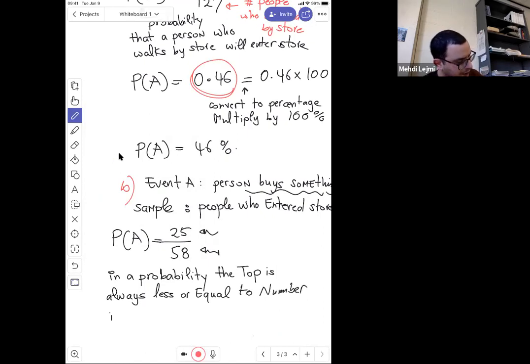The reason is, of course, that the size of the sample is always larger than the frequency of the event. So 25 out of the 58 bought something, right? It's not 58 out of 25, it's 25 out of the 58.